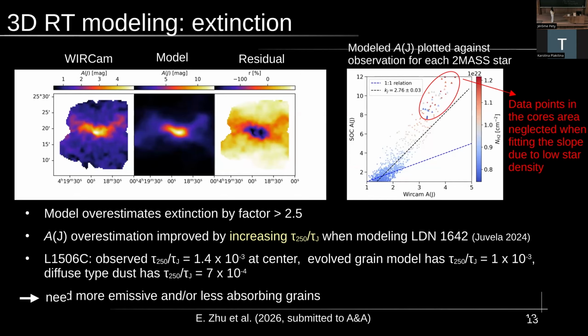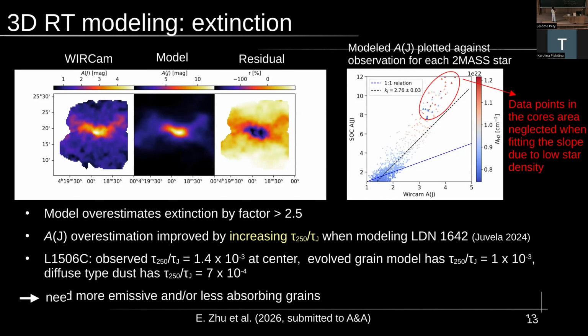So this fitted slope is 1.8. And from the residual map, you can also see that our model overestimates the extinction by a factor larger than 2.5. It is sadly the case for all combinations within our grid, and we cannot do better than that.